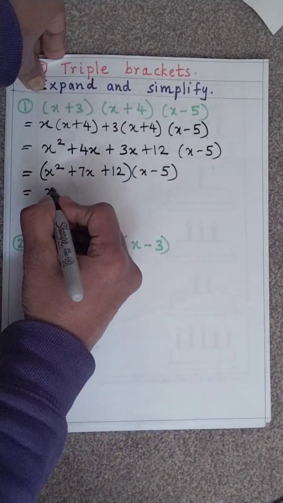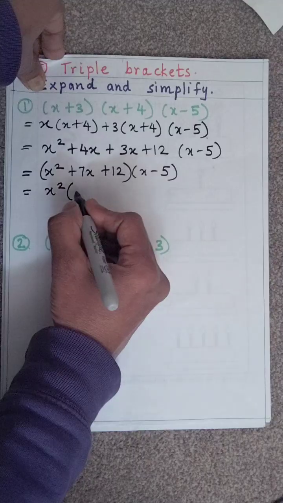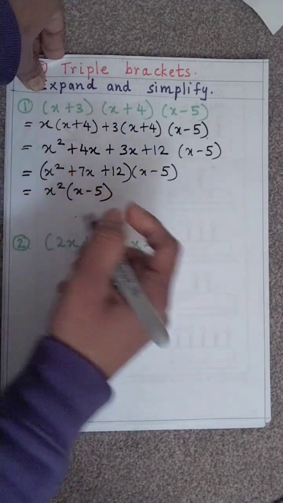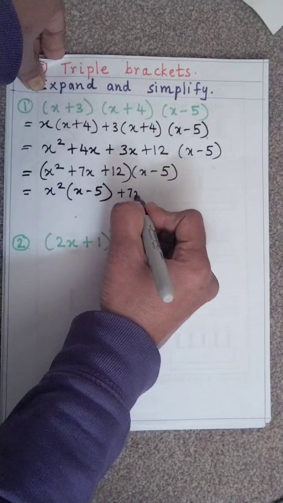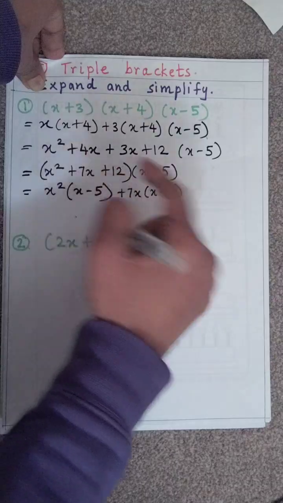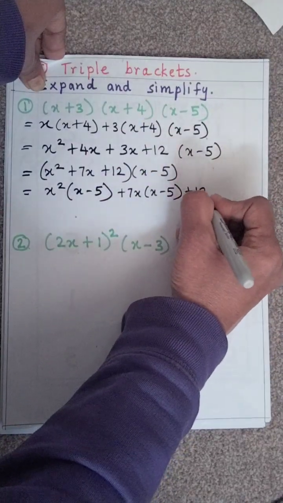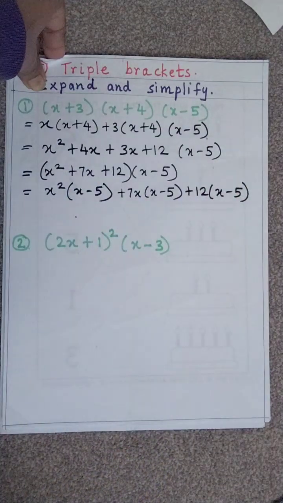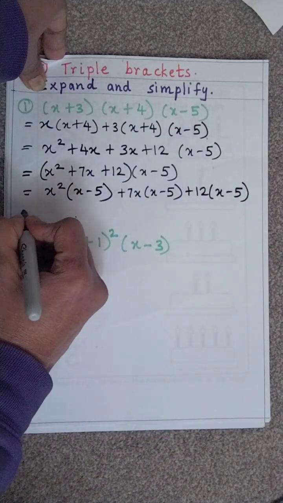So x square multiplied by these 2 terms, plus 7x multiplied by these 2 terms, then plus 12 multiplied by these 2 terms, okay, put the is equal to sign.